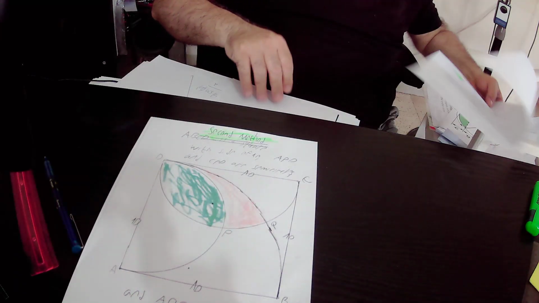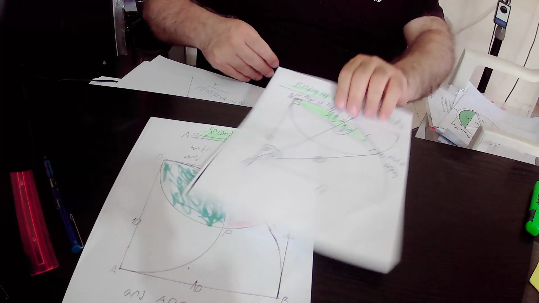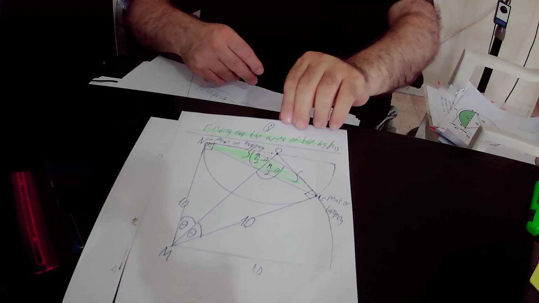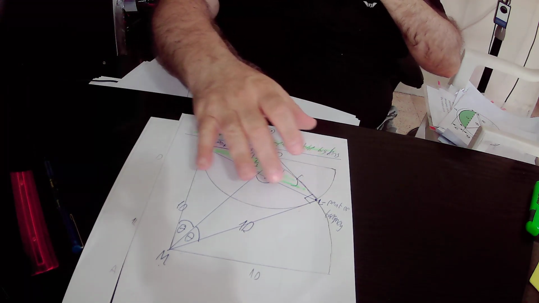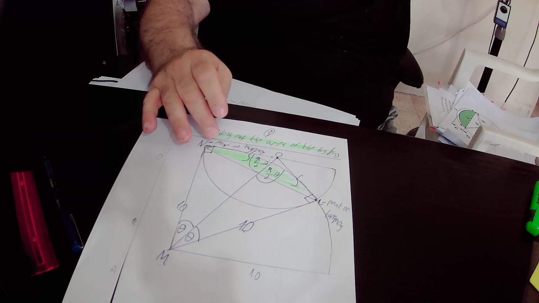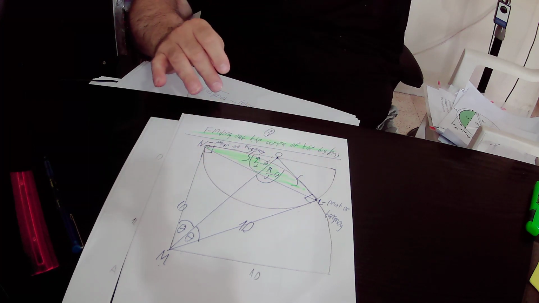In the next step, we found the area of the big lens that was created by the intersection of the quarter circle with this semicircle.